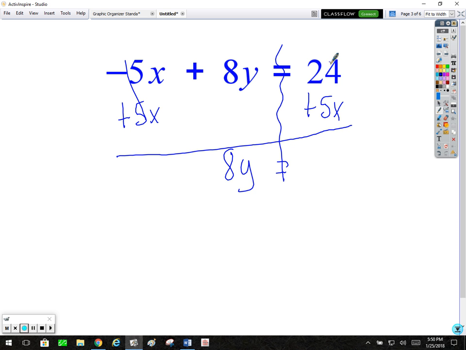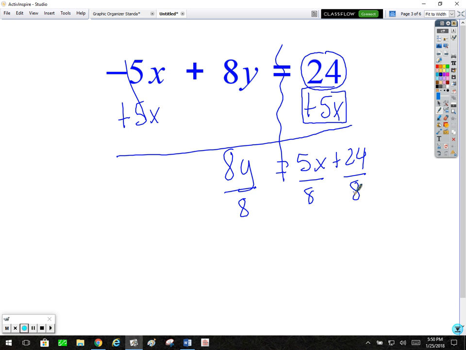Again, I always like to circle this, and let's box this. That way we make sure we're not tempted to combine these two. So 5x plus 24. We've moved the x. Now let's divide by the number in front of the y. In this case, it's the 8, so that's going to cross out.